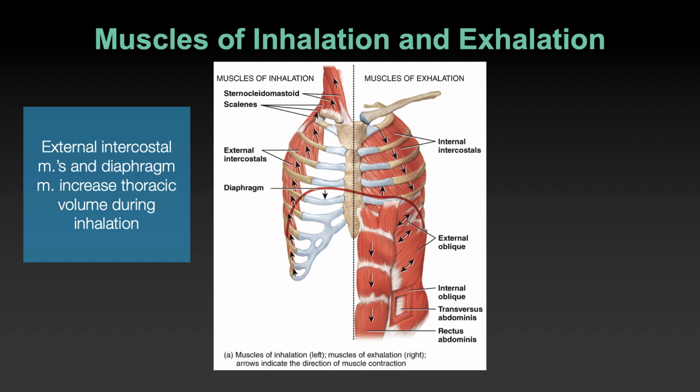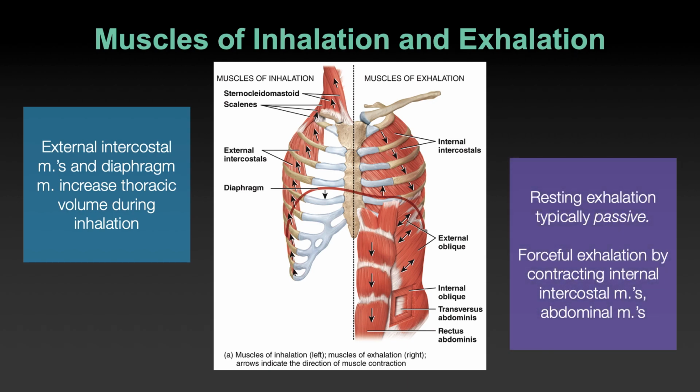And for inhalation, that's the story. That always happens. Every breath you take in, those things happen. They can happen more forcefully or less forcefully, depending on how quickly and sharply you need to breathe in.